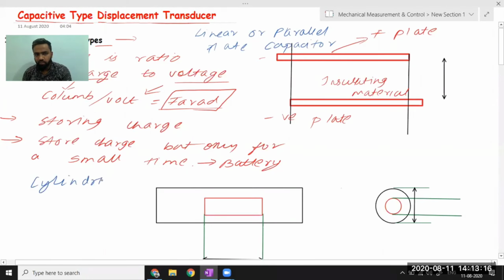I have drawn the diagram for both of them. One is the parallel plate capacitor and the second is the cylindrical plate capacitor.